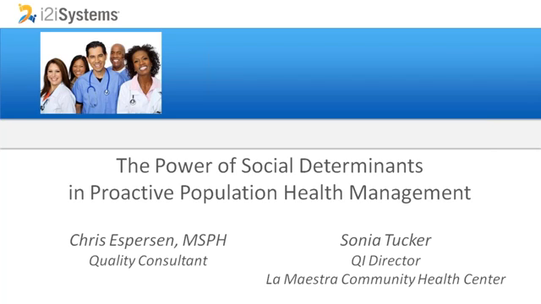Integrating social and environmental needs into a cohesive population health strategy and model of care delivery is of utmost importance for all of you, whether a community health center providing care for the at-risk and underserved communities, a practice who needs to coordinate services across providers, or even a health plan with incentives to help members address their broader needs. As you may know, social determinants can be as meaningful as clinical information in managing patients.